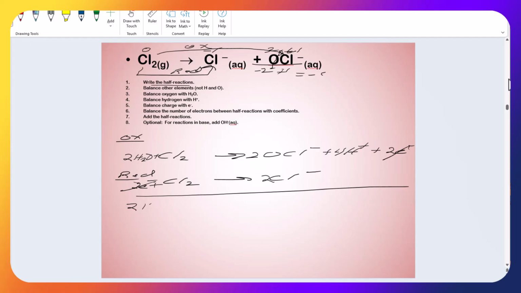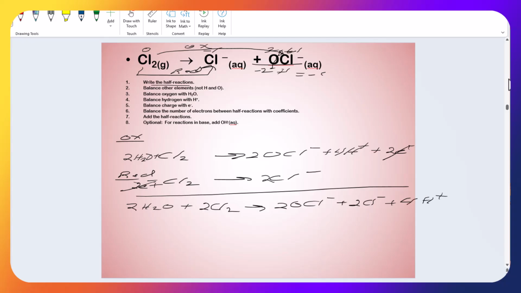I've got 2 H2Os plus 2 Cl2s. That gives me 2 OCl minus plus 2 Cl minus plus 4 H pluses.